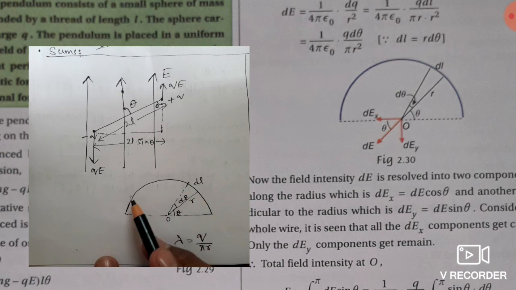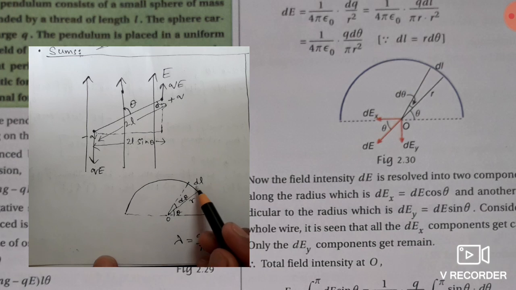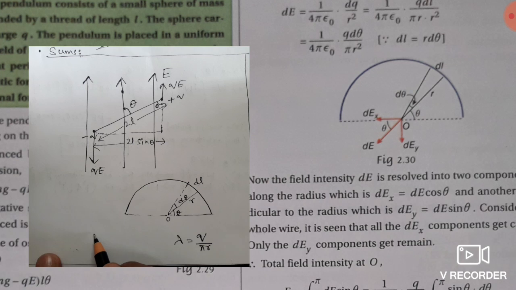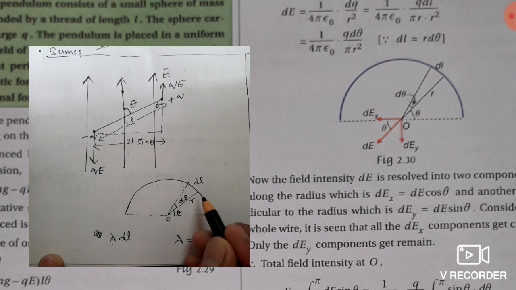So this is the charge per unit length. What will be the charge in the element dl? The charge will be lambda into dl, charge per unit length into the length of the arc, so it will be q by pi r into dl. So this is the picture.